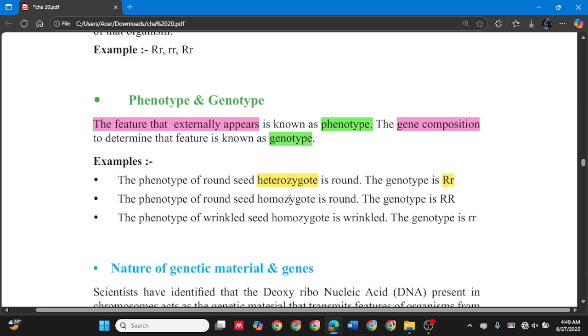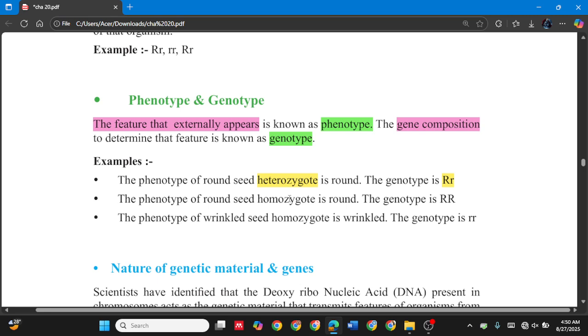And the round seed homozygote is round, so here the genotype is capital R capital R because it's homozygote. And when it comes to the phenotype of wrinkled seed homozygote, wrinkled seed cannot be in heterozygote. A heterozygote could be the round seed because capital R, the round shape, is the dominant one.